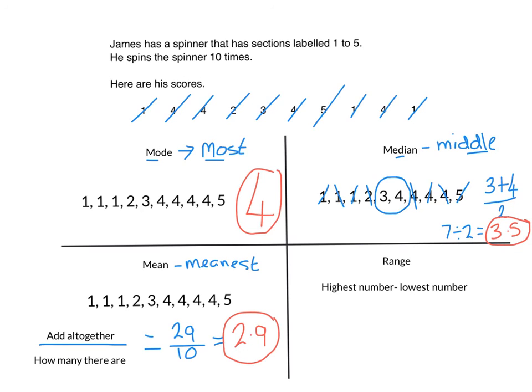So if I copy the list again, so our highest, if I highlight it, is 5, and our lowest is 1. So you're going to do 5, take away 1. My range here is 4.